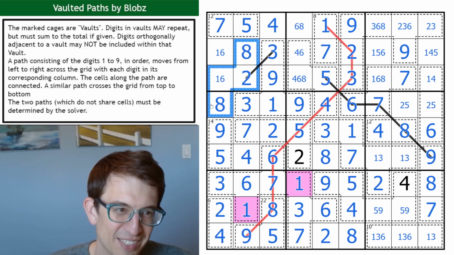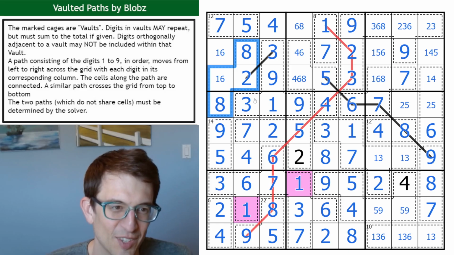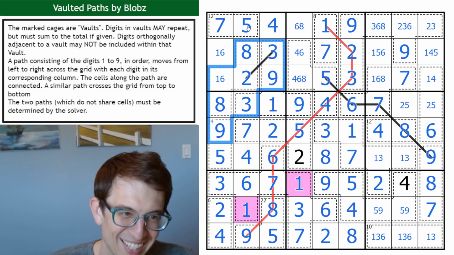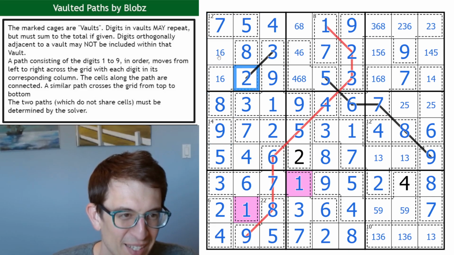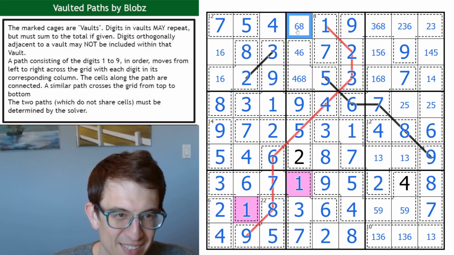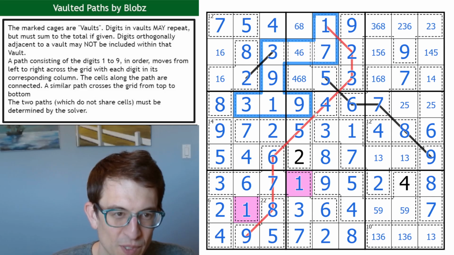Okay, this cage. 393. None of these are any help. This is not doing anything. 6 and 8 is not breaking this. This 4, 6 is not breaking this or this. 4, 6, 8 does not break any of this.